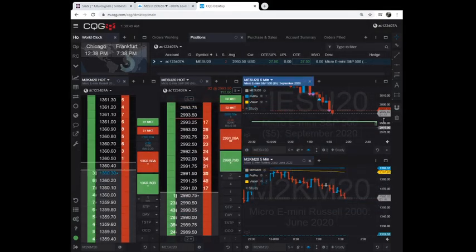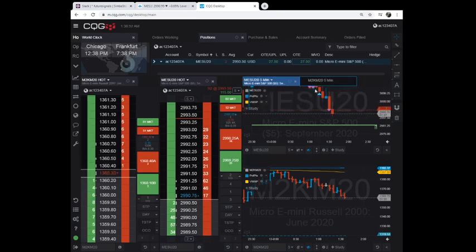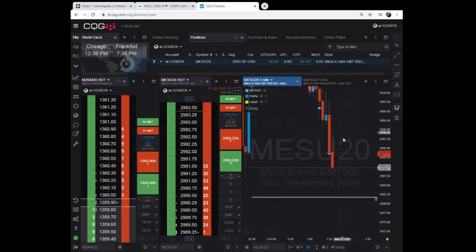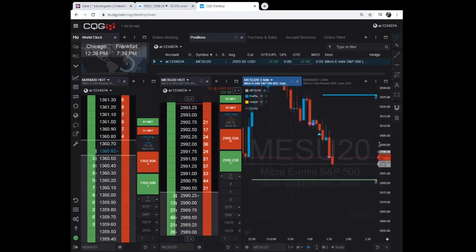Okay, let the mini S&P remain, so I can enlarge, combine this one and go for it. Looks good.